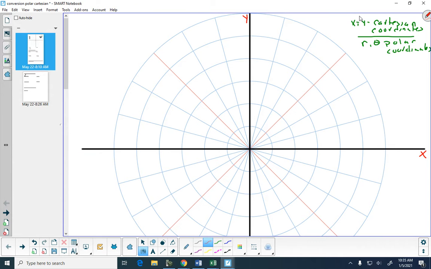If we take any point, it doesn't matter where I put the point, we can label this point by going out x units, and then from that point, going up y units. So we can move out x and then vertical y, and label this ordered pair x and y.